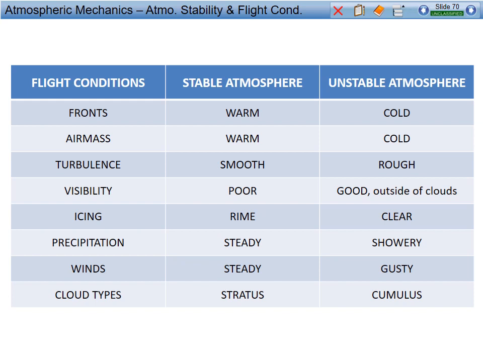So in this case, a stable atmosphere has smooth turbulence, or no turbulence, or little turbulence. By contrast, the turbulence experienced in an unstable atmosphere would be considered rough. You can use this chart to determine the type of atmosphere or determine the flight conditions associated if given a type of atmosphere.